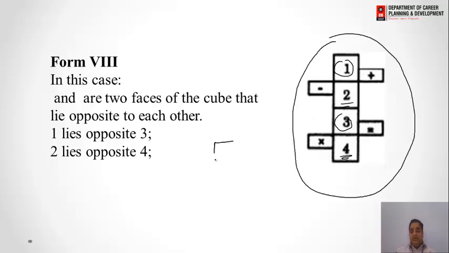The first we have something like that, the minus and multiplication, whereas on the other side we have signs like equals to and plus. In this way we have another figure.